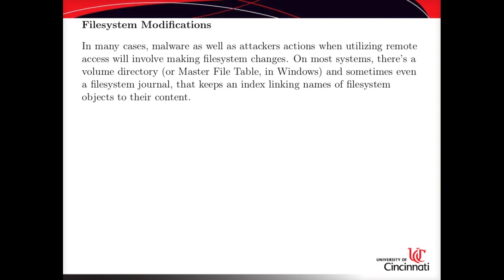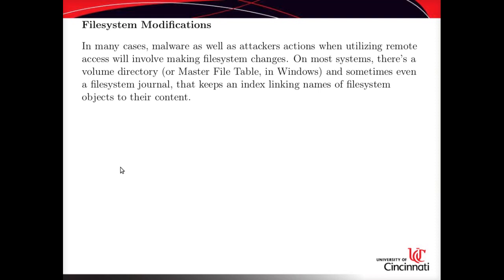NTFS has a much more well-structured file system layout, and I'm not going to get too much into the file system internals in this lecture. The goal here is just to keep in mind that there's a large list of all the files and directories that exist on the system.